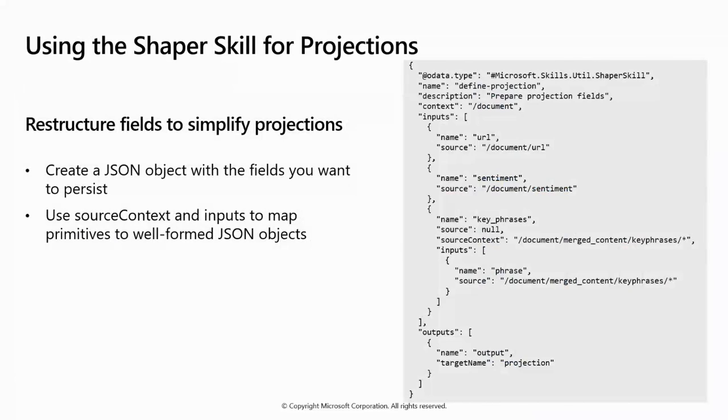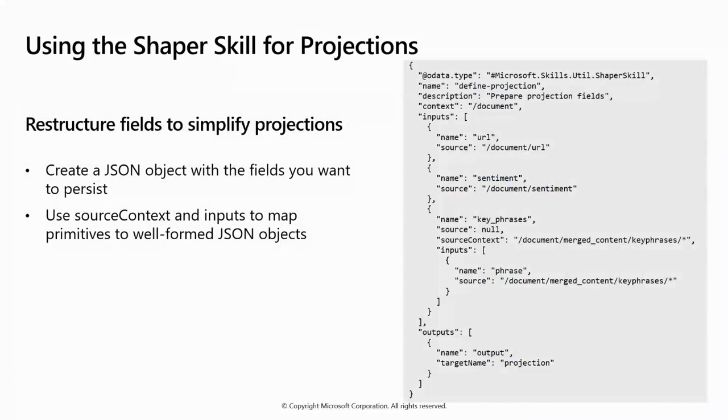Now, in a knowledge store, it's common to use something called the Shaper skill to make a new field with a simpler structure for the fields you may want to map to projections, and this makes it easier to map these field values to projections.